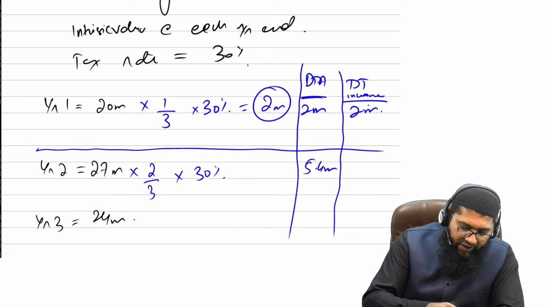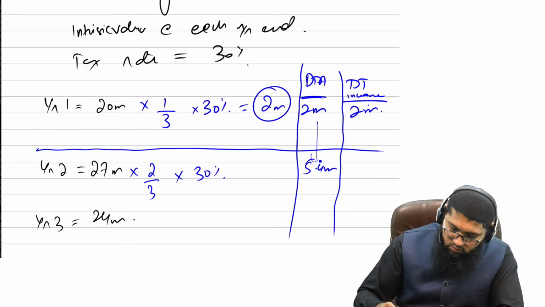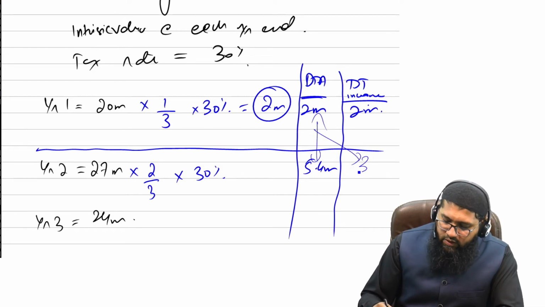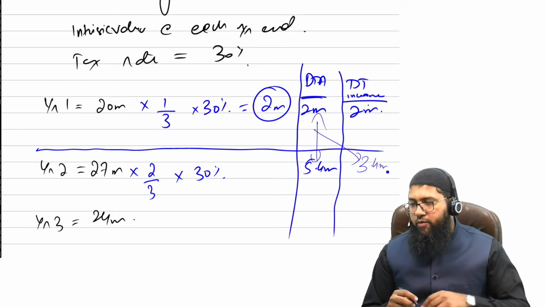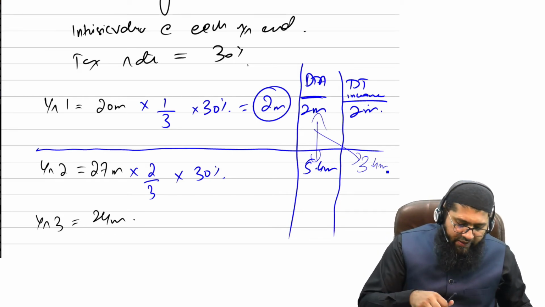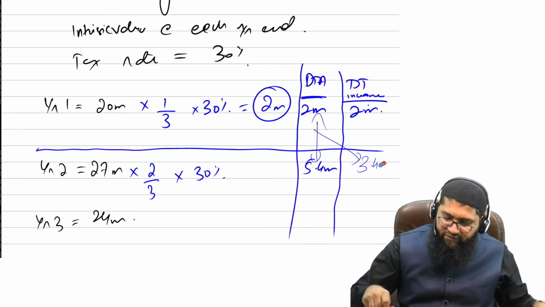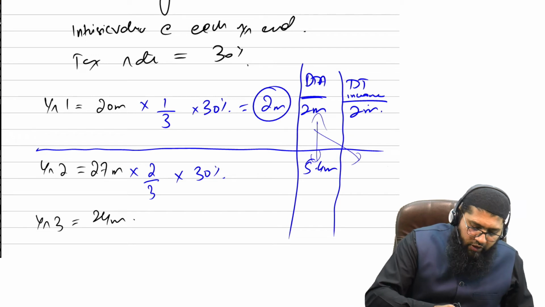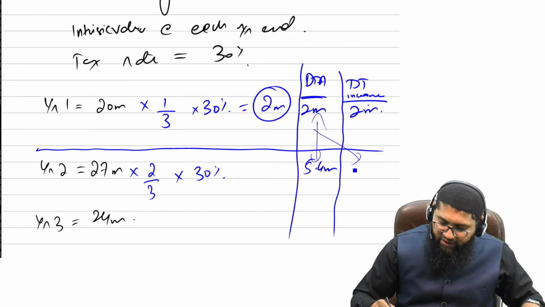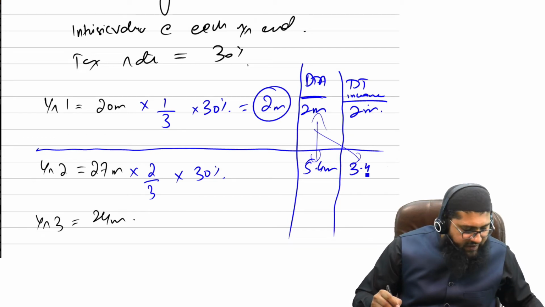So 3.4 million is going to be recognized as income in this specific period. 3.4 is the deferred tax income recognized in this time period.